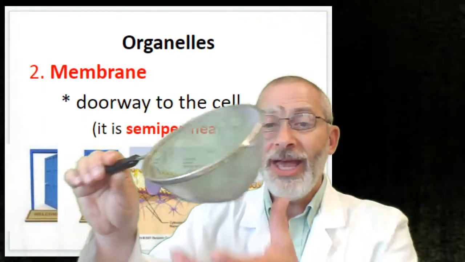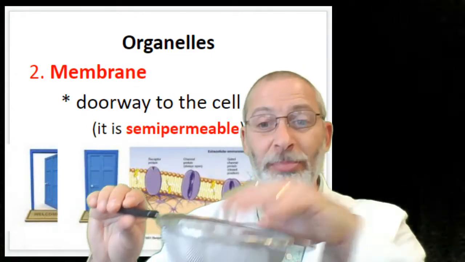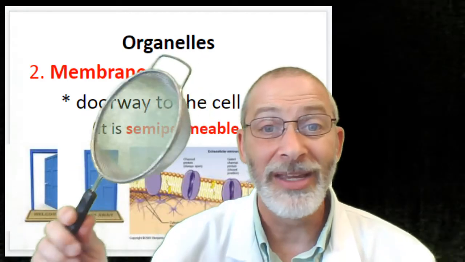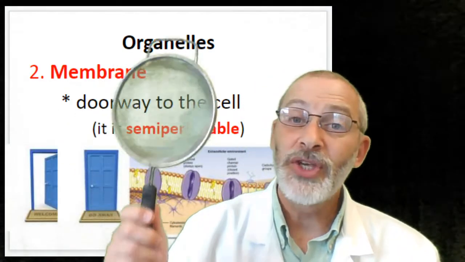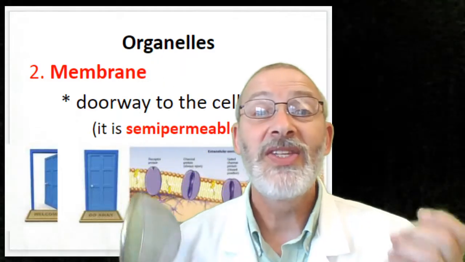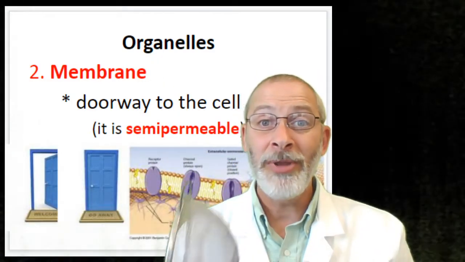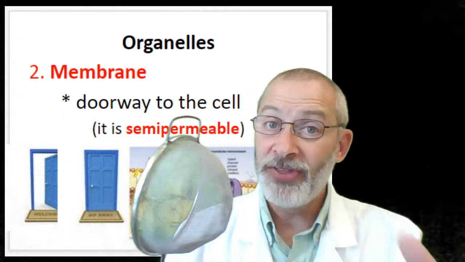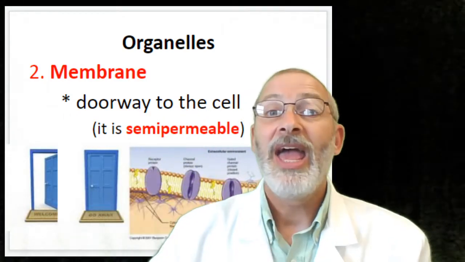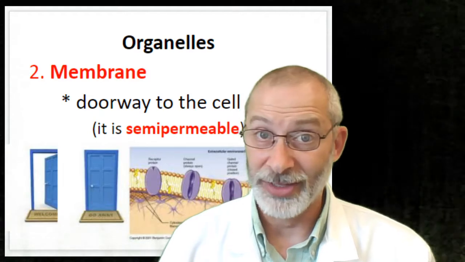Very good. Yeah, the water goes through, but the pasta or the peas stay behind. In other words, this strainer is semi-permeable. Again, semi-permeable means some things can go through and not other things.